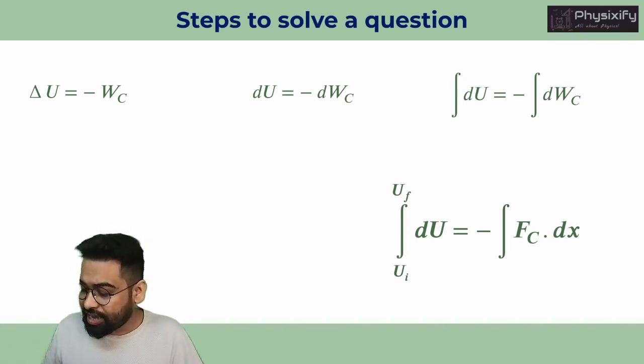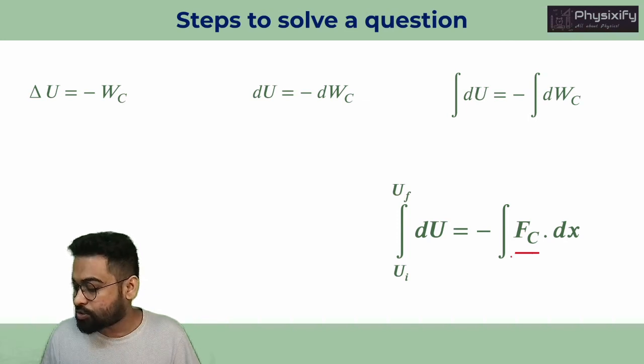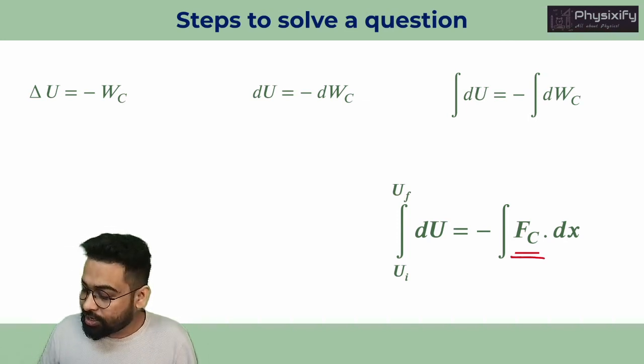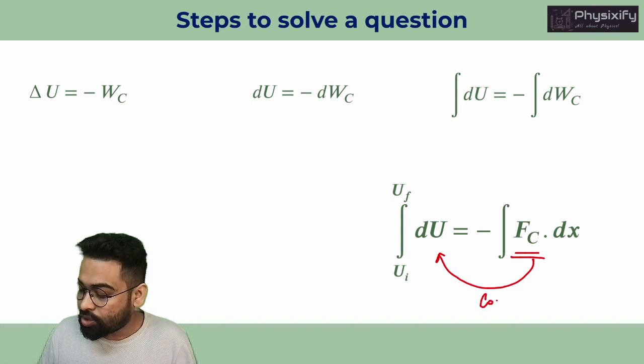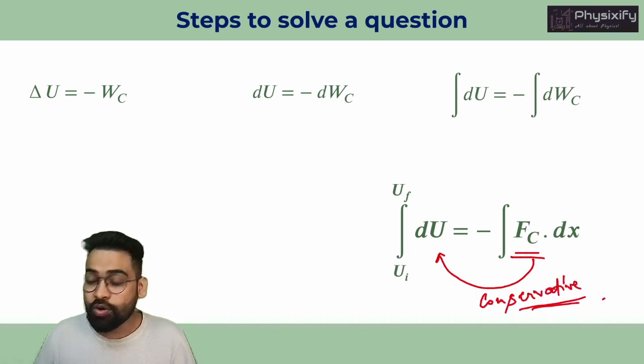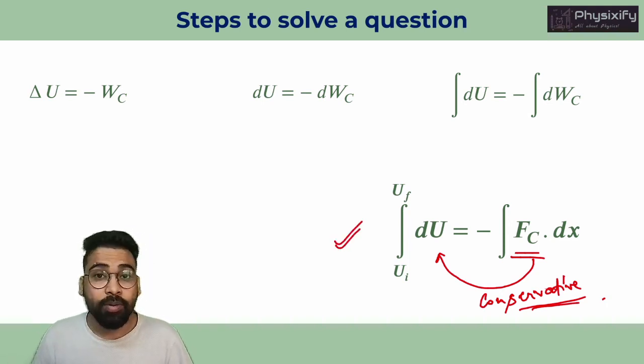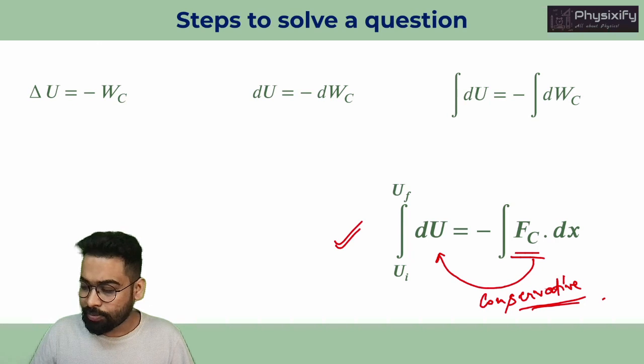Why am I writing Fc over here? You relate it to potential energy, and only a conservative force can come here if you have to talk about potential energy. So this is the final formula that you can remember. We'll be using that in the upcoming videos.